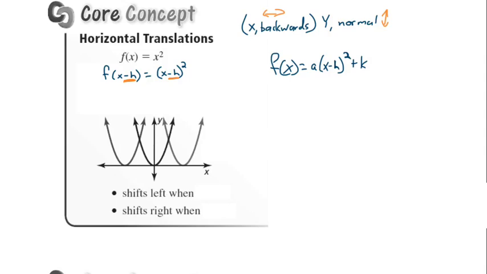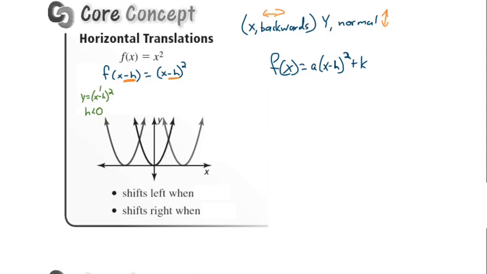So to go left, y equals x minus h squared and h is less than 0. If h is negative 3, it's going to go left.